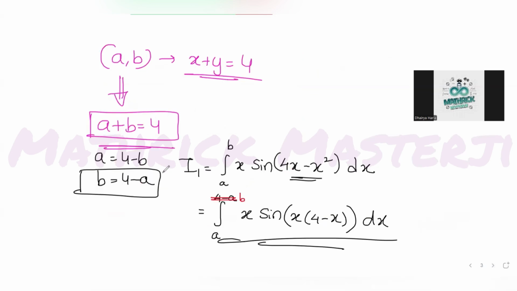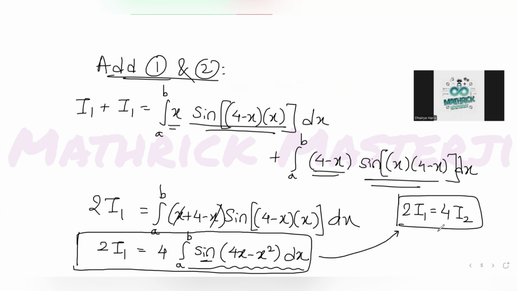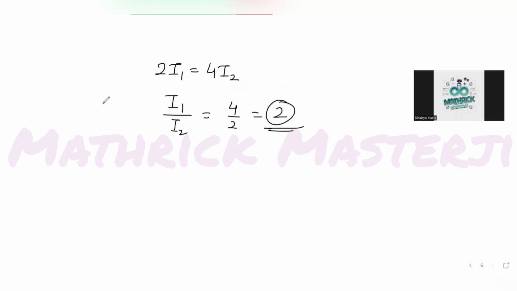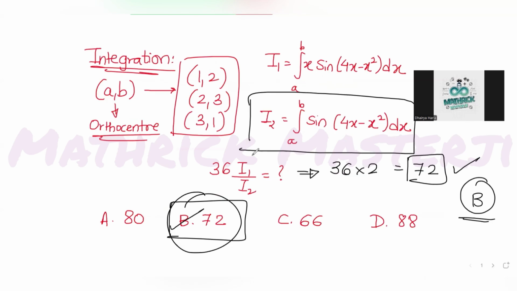Once I got that, I wrote my I1, manipulated it, and added both I1s so that it gets converted in terms of I2. Once I got the relation of I1 and I2, I used the ratio, which gives me 2, and put that in the question that was asked. That led me to the answer 72, which matches answer choice B.